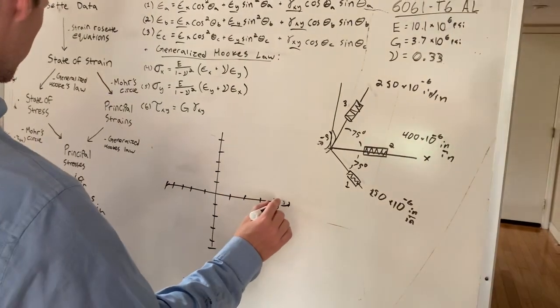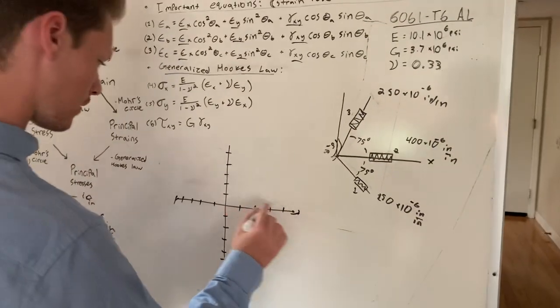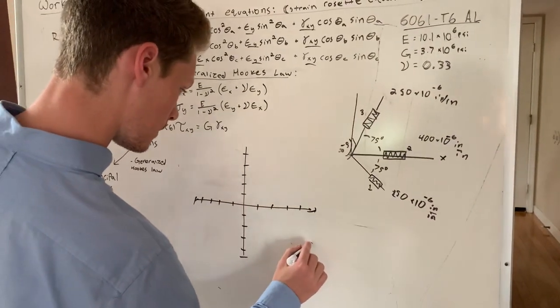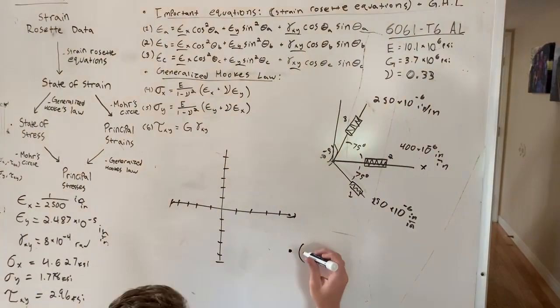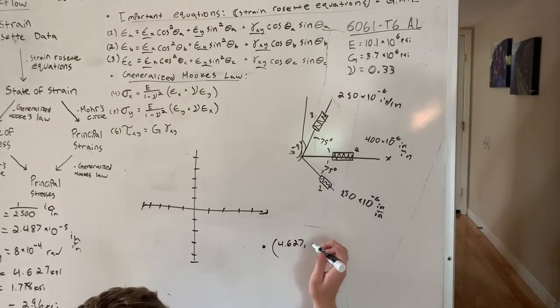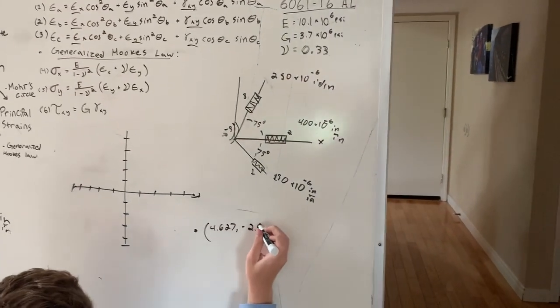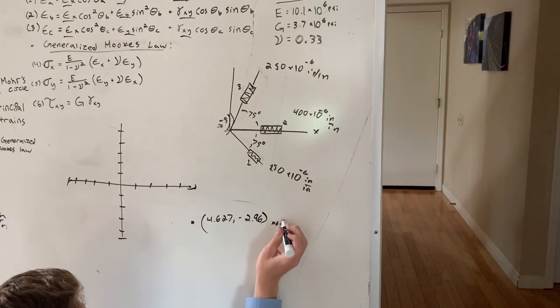Then move down by negative tau xy, which is about 3. That's going to be this point. Let's label it here: 4.627 comma negative 2.96, and all this is in ksi.